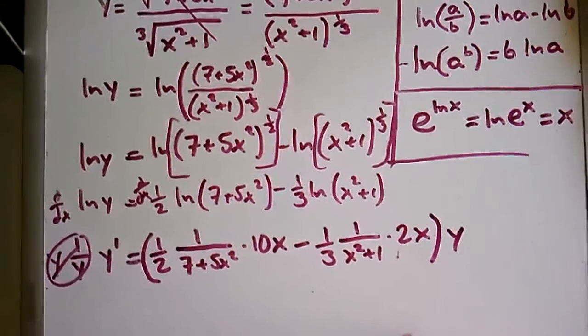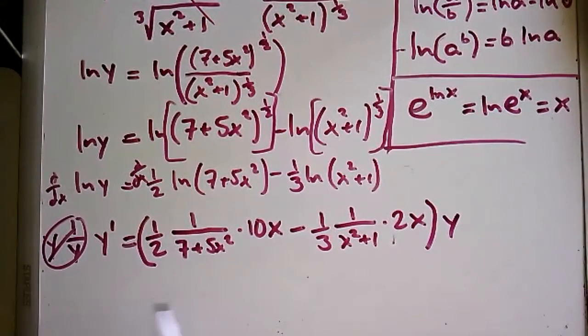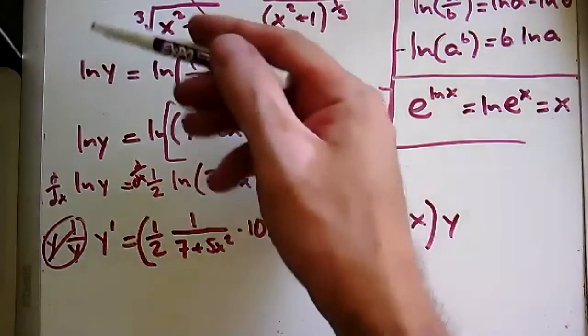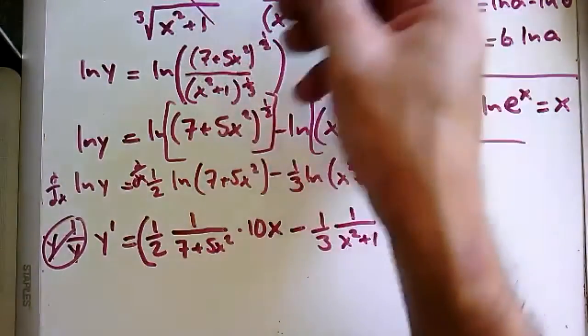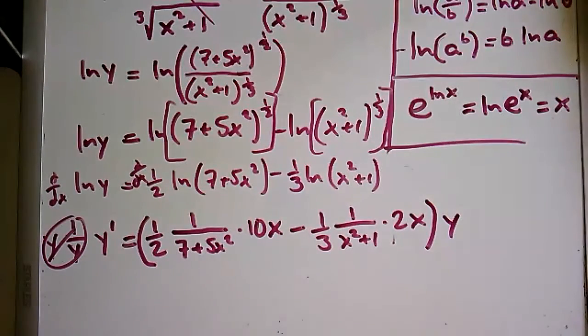I'm in really good shape, except the original problem didn't have any y's. When you do implicit differentiation, you're given a relation that has x's and y's together, and it's okay for your derivative to have x's and y's together. But since our original function was given explicitly, y is an explicit function of x, I'm going to take one more step to substitute back my original function for y to finish the problem.